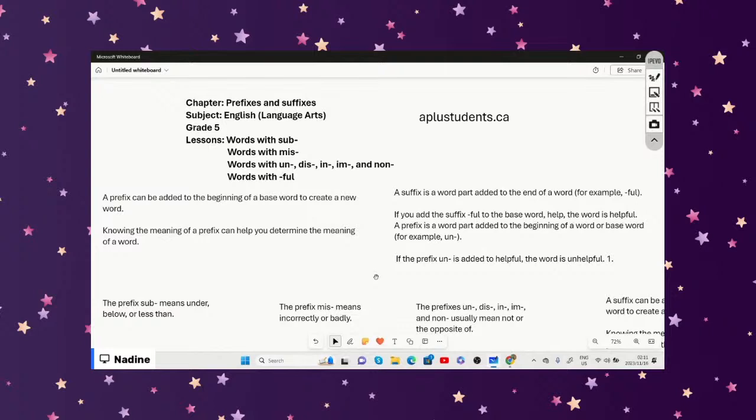But when we add the word full to the word help, then the word becomes helpful. So our base word is help, and if we add full to the end, at the back of that specific word, then we have helpful.